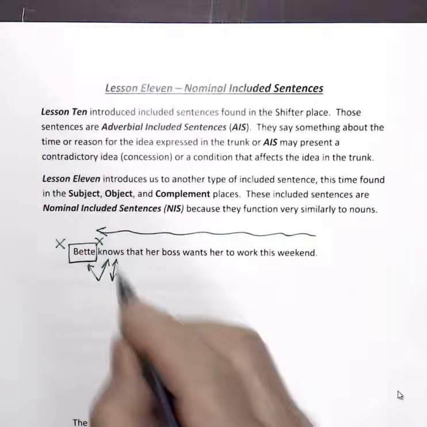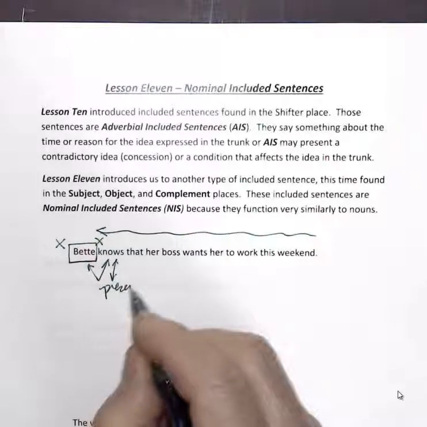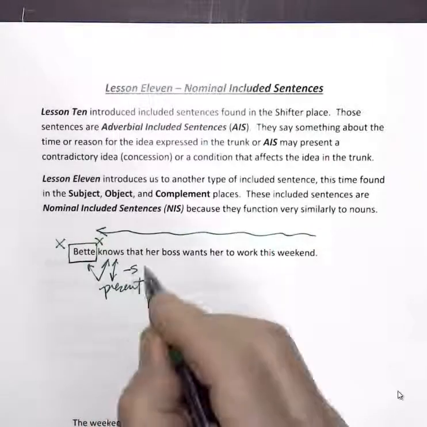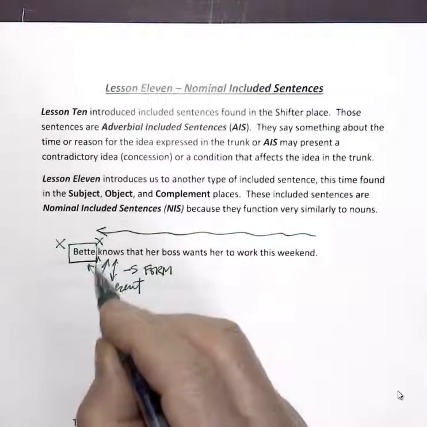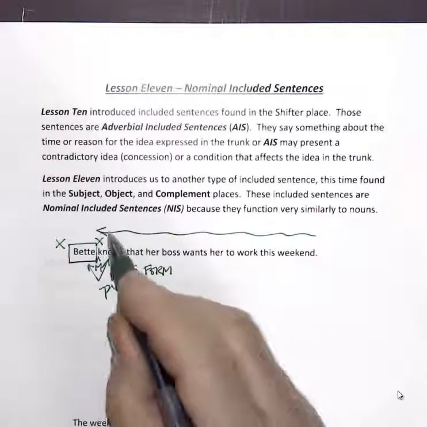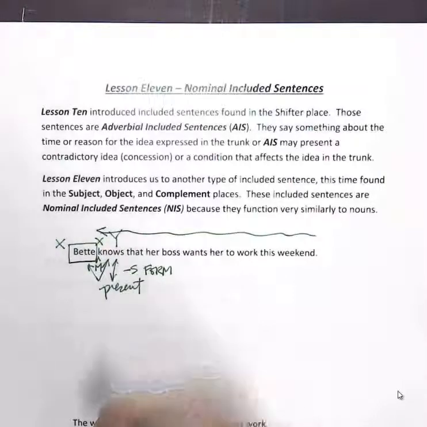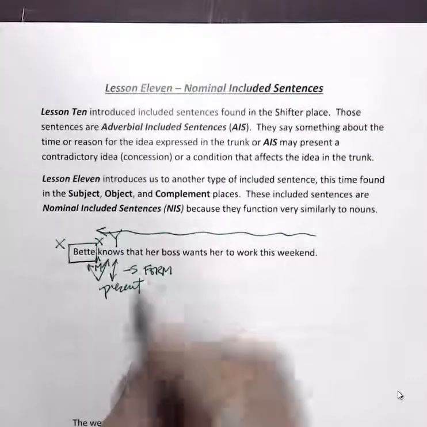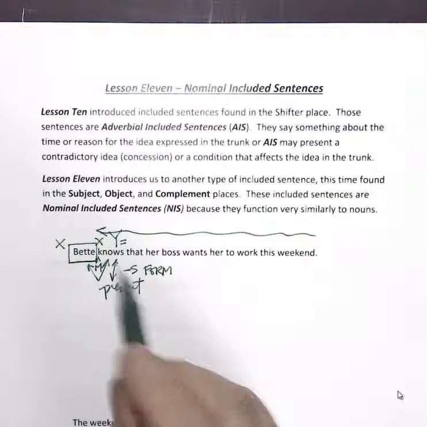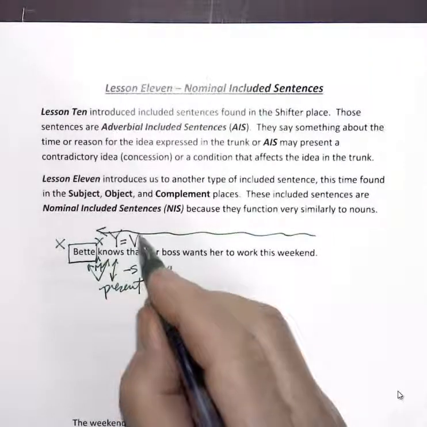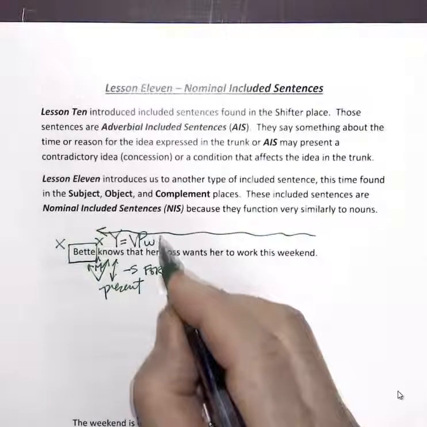Knows ties with the present. This is the S form. The M place is here after X. It's empty. And Y is knows that her boss wants her to work this weekend. Now the Y is headed by the verb knows, the S form. So it's a verb phrase with time.